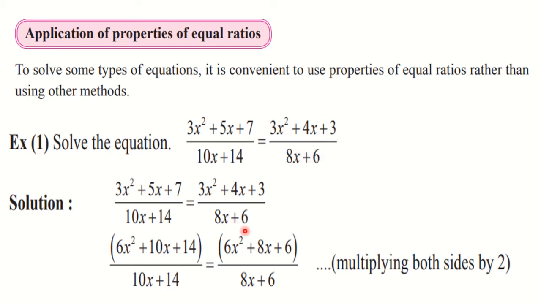So either you multiply, in the textbook now it is multiplied, but I am telling you the second method also. From here you can take out 2 common. So what you will get, 2 inside the bracket 5x plus 7, and here you will get 2 inside the bracket 4x plus 3, and from both the sides you can cancel 2.